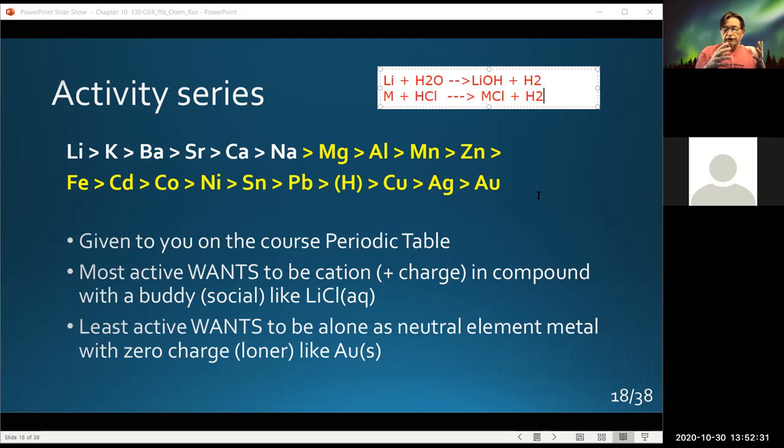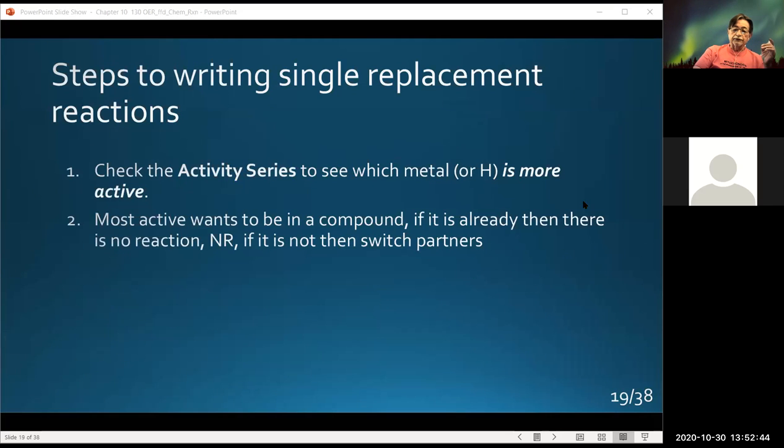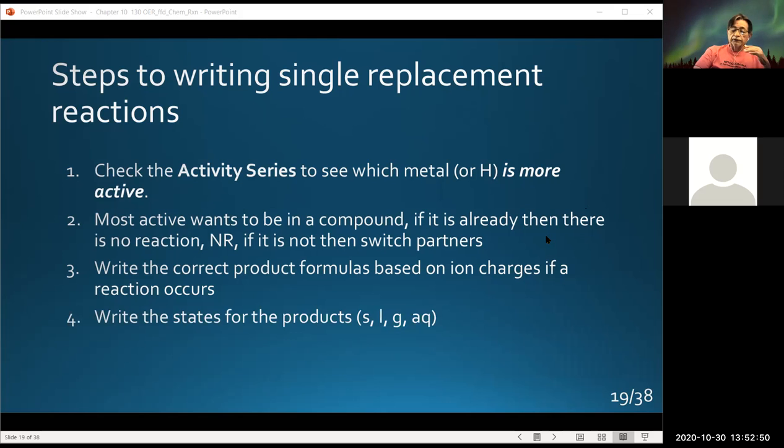So that's another way to look at it. So we check the activity series, and then we determine whether the most reactive metal is in ionic form, and if it's not, the reaction proceeds. And then we obviously put the states for the products, either solid, liquid, gas, or aqueous.